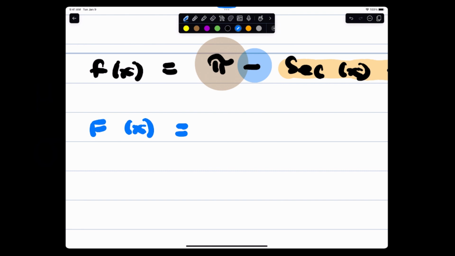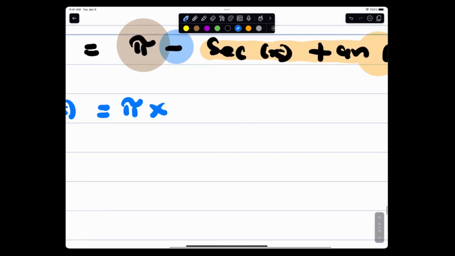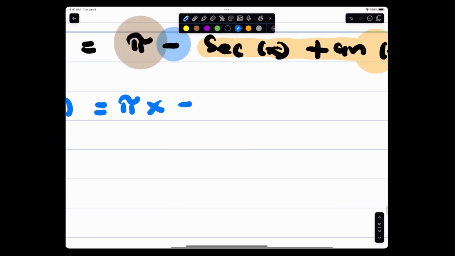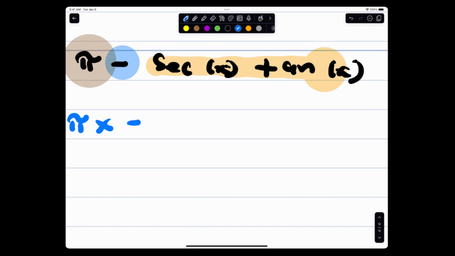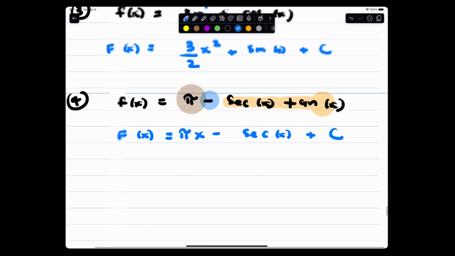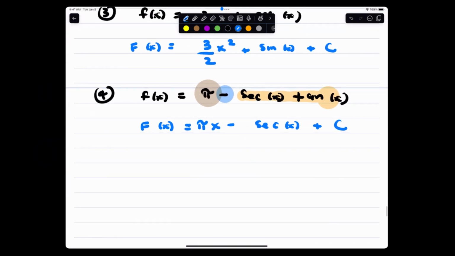Because pi is a constant, it's just pi x, is that right? Then you have the subtraction operation. What's the antiderivative of secant tangent? Then you finish this off with plus what? So, ladies and gentlemen, there you go. You're done. Easy peasy lemon squeezy.